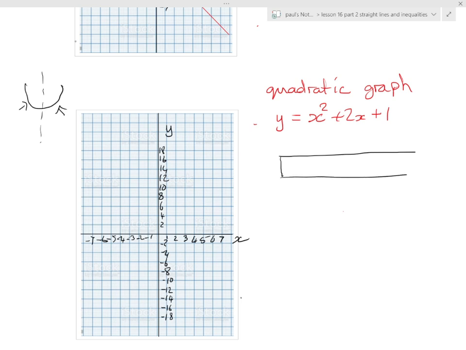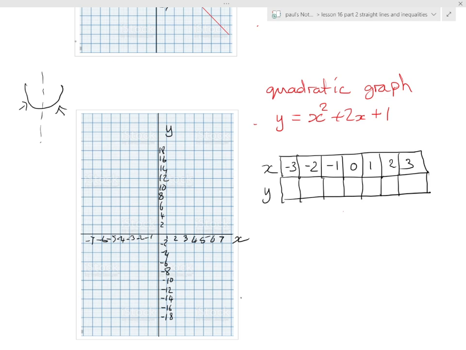So minus 3, minus 2, minus 1, 0, 1, 2, 3. These are our x values where we must find the y when x is these particular numbers. Right, okay. So we're going to stick all these numbers in there one by one and see what happens.